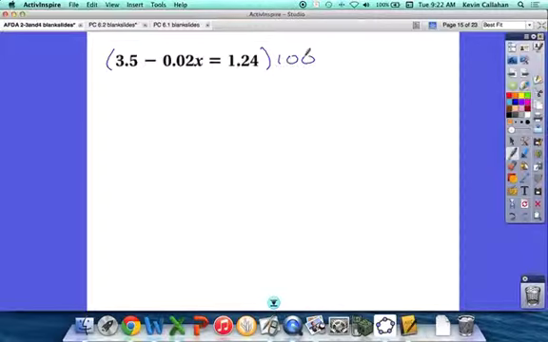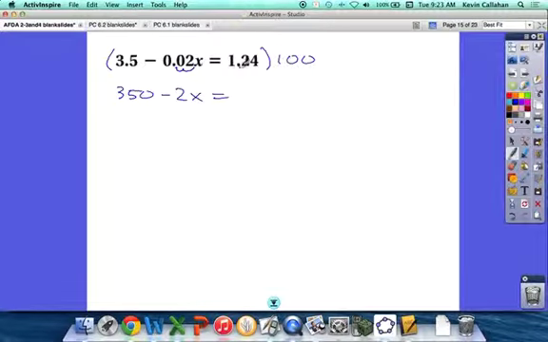When you multiply this one, but move it over twice, you get 350. Right? This one, you move a decimal place over twice, you're going to get minus 2x. This one, what do you get if you multiply 1.24 times 100? 124, right?